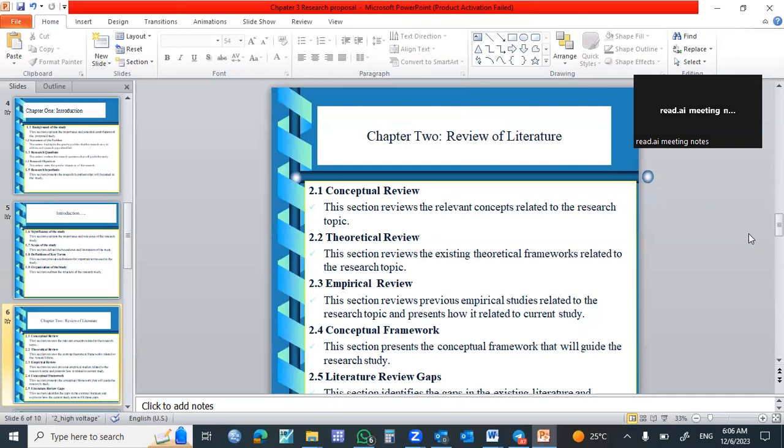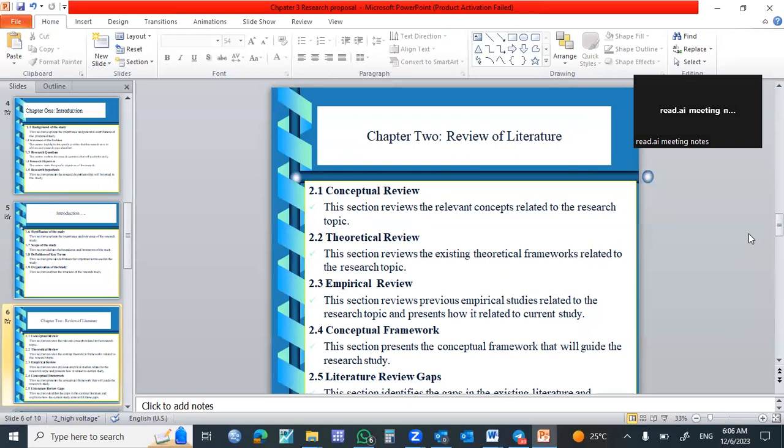In the theoretical review part, we'll review the existing theories that support our research, and how those theories relate to our research should be specified. Also, we will have an empirical review. The empirical review will cover the review of direct studies that relate to the topic that we are conducting, and how the findings of previous researchers are related to our study.